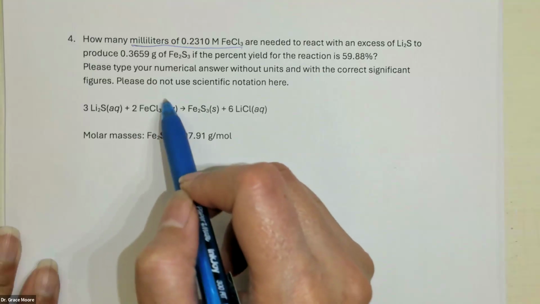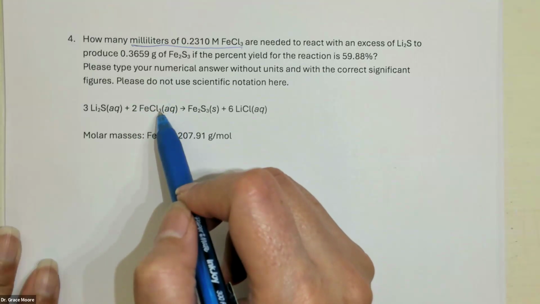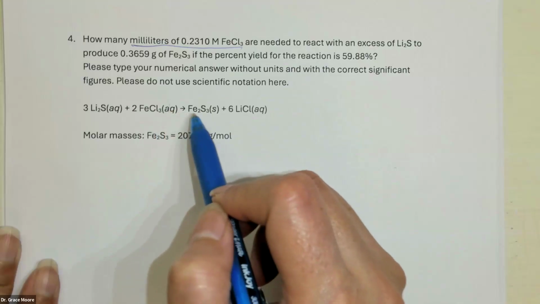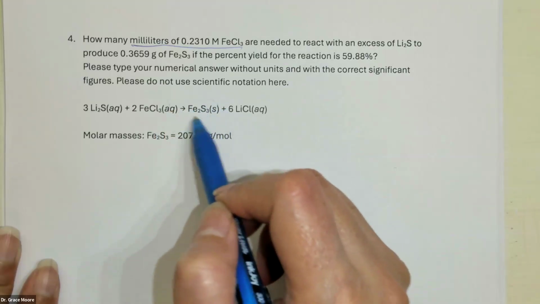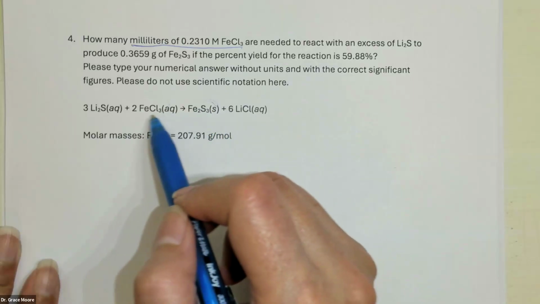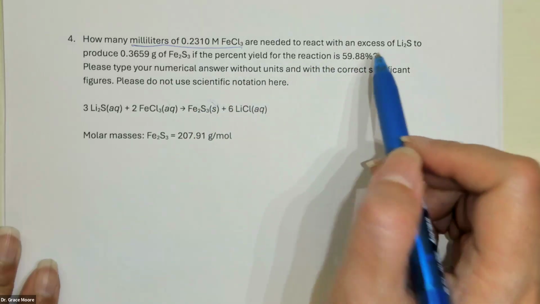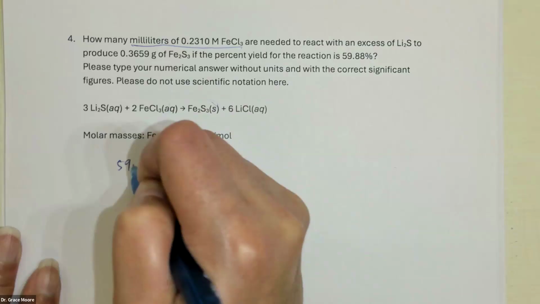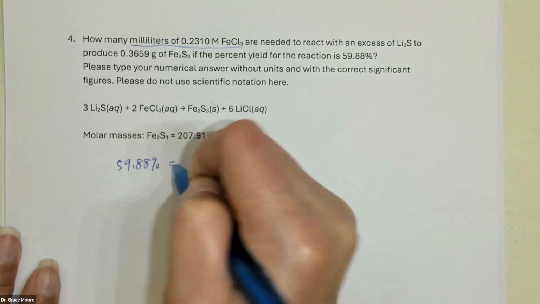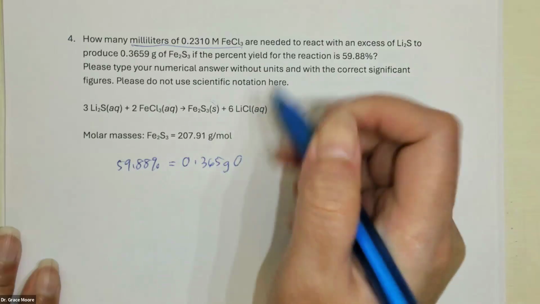That means the mole ratio of FeCl3 can directly be linked to the moles of Fe2S3. So it would be a 2-to-1 ratio. But this reaction is 59.88%. So you know 59.88% yield is only yielding 0.3659.